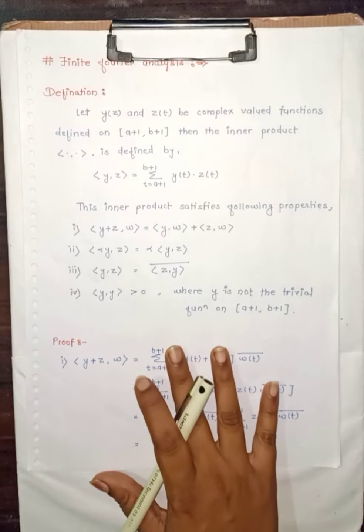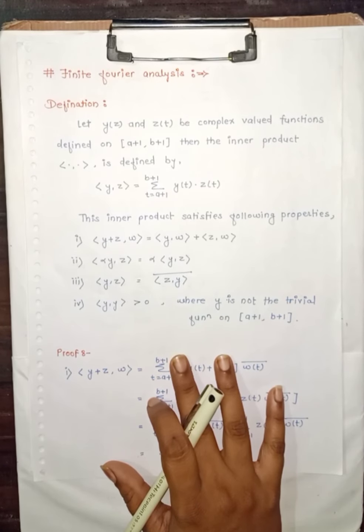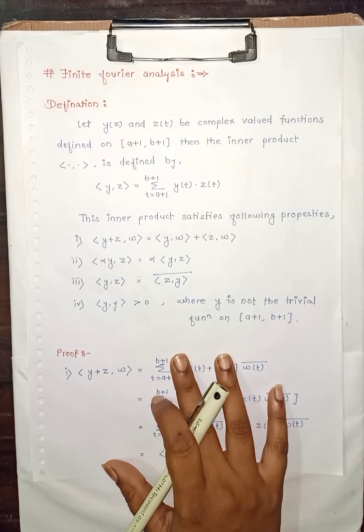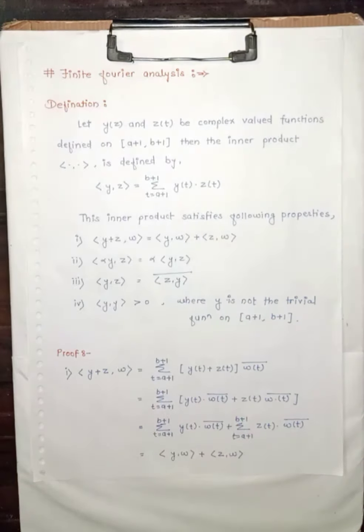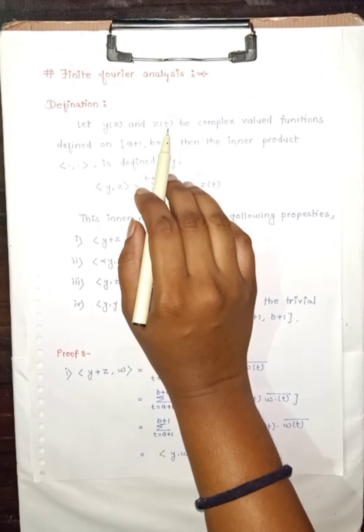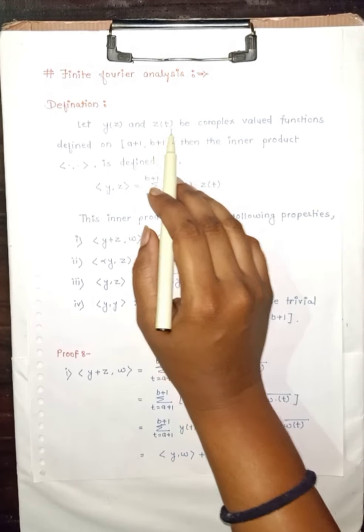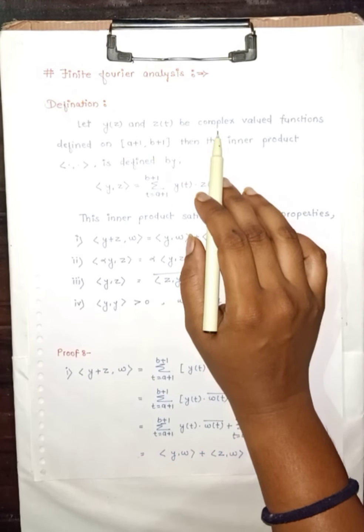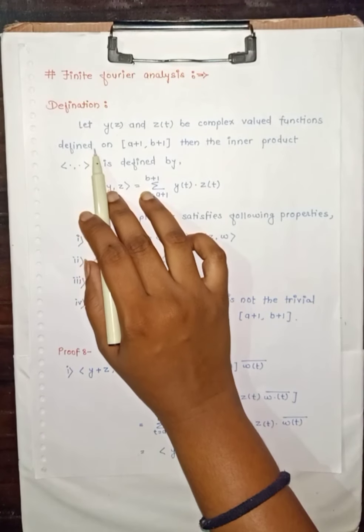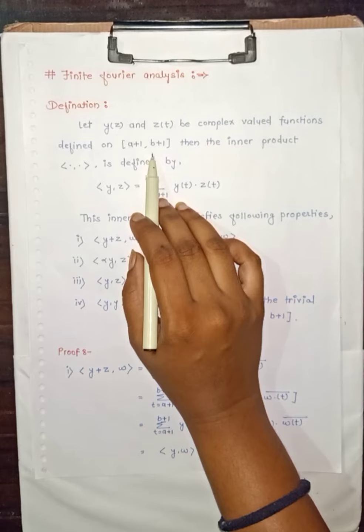So finite Fourier analysis is our first topic of today's lecture. What is finite Fourier analysis? We will start with the definition. Let y of z and z of t, y is a function of z and z is a function of t, be complex valued functions defined on closed interval a plus 1 to b plus 1.